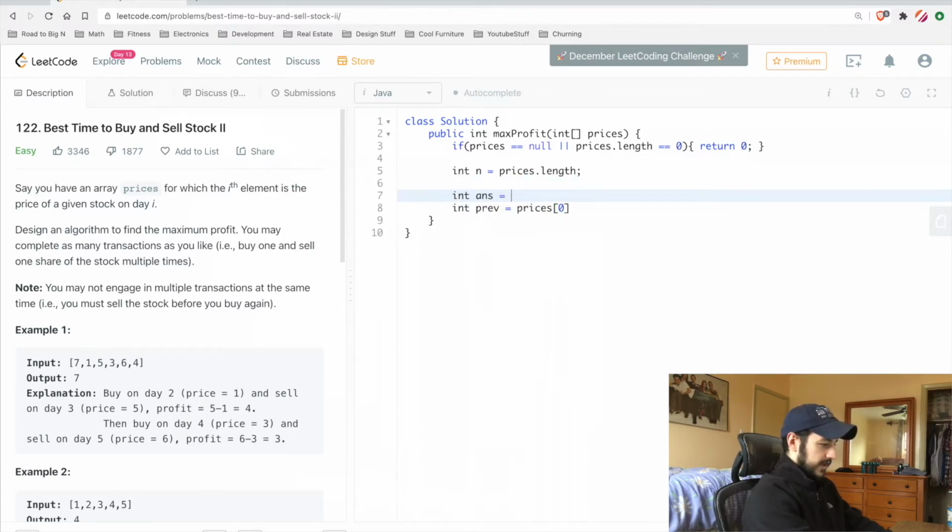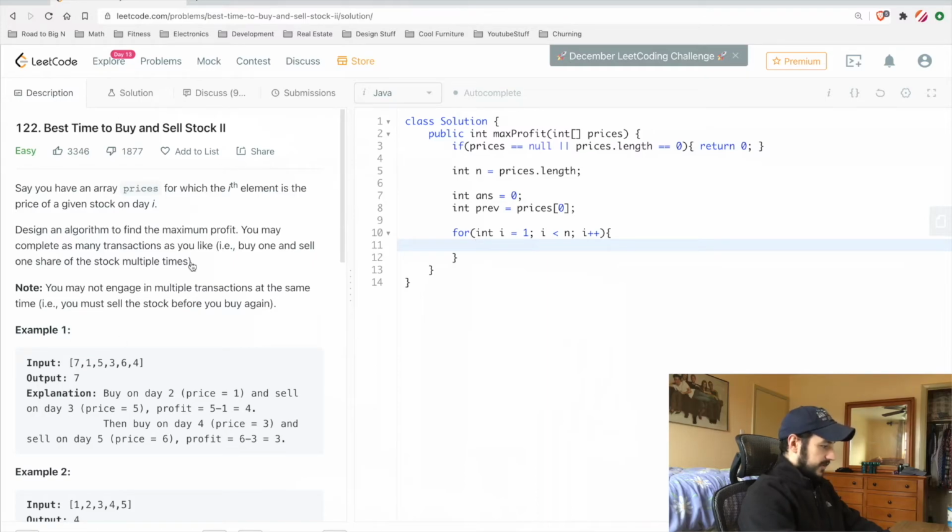We'll also have our answer, which will start at 0. And then we'll go through the array, starting at index 1, i++.